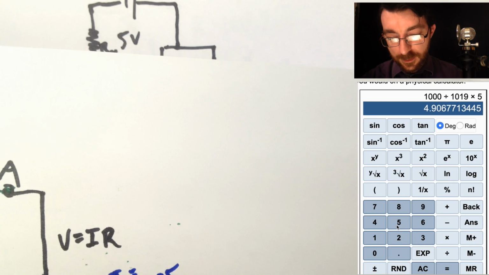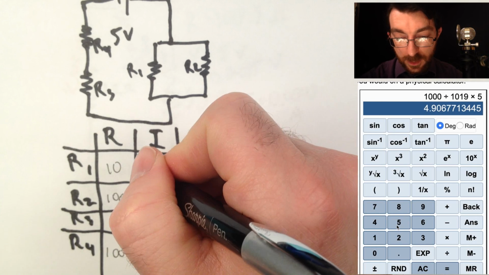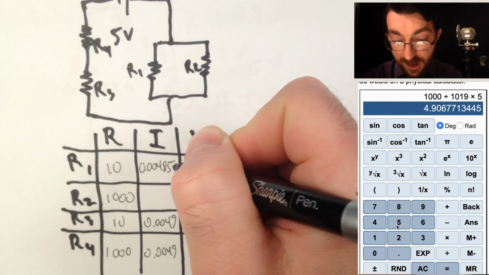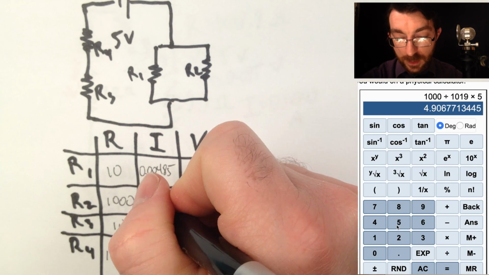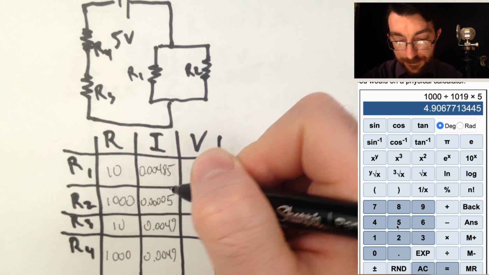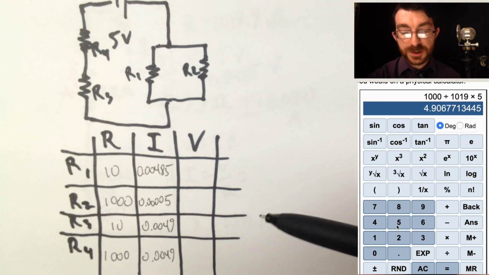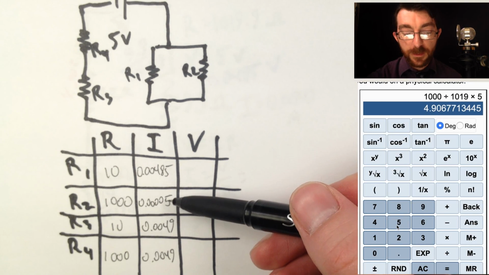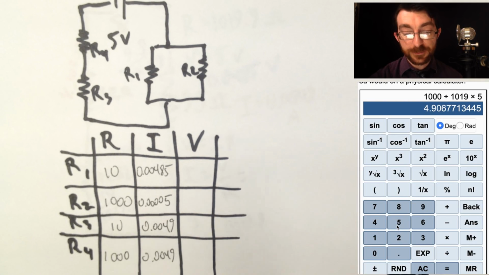So resistor 1 ended up with 0.00485 of the current, and resistor 2 ended up with 0.0000405. Just to be clear, because resistors 1 and 2 are in parallel, they got different currents through them. However, the sum of these two currents equals each of those.